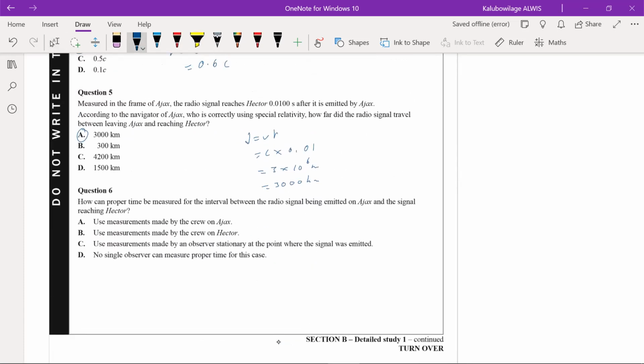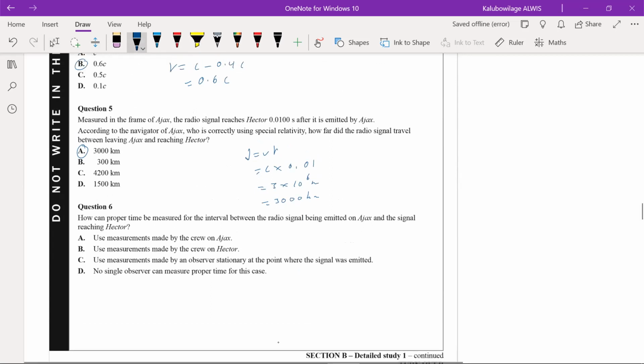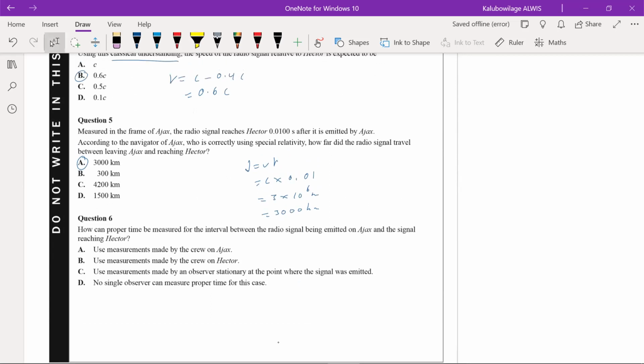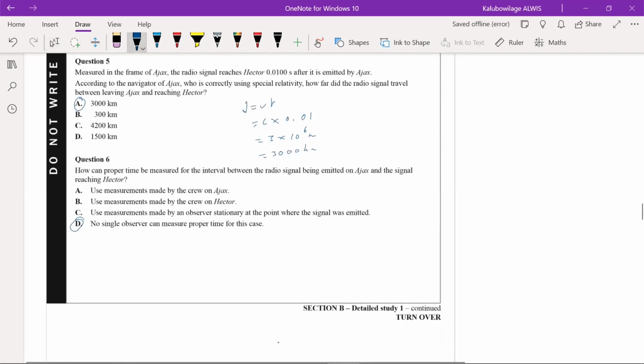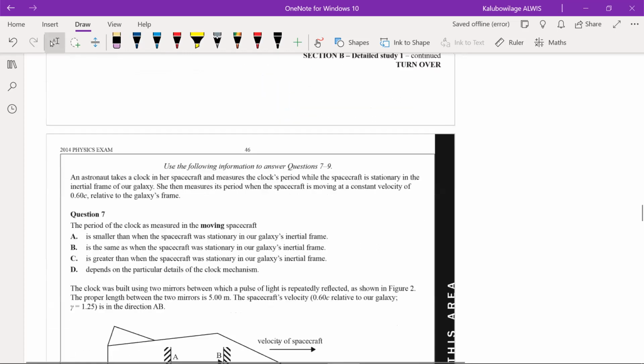And an observer stationary will just observe dilation as well. So no single observer can measure proper time in this case.